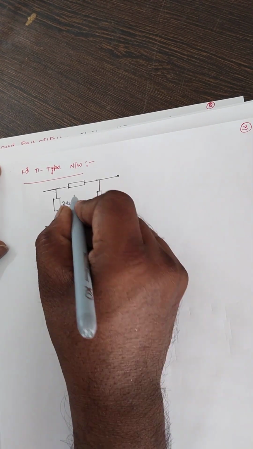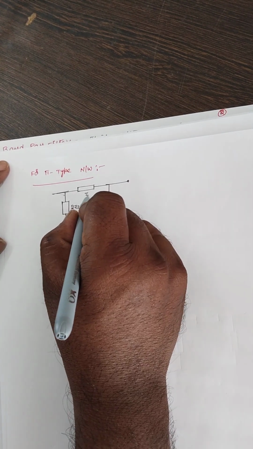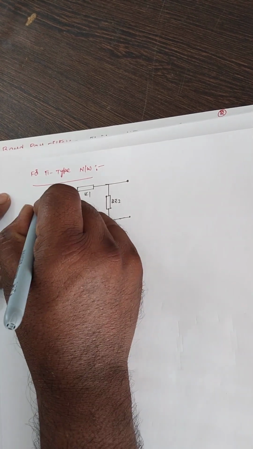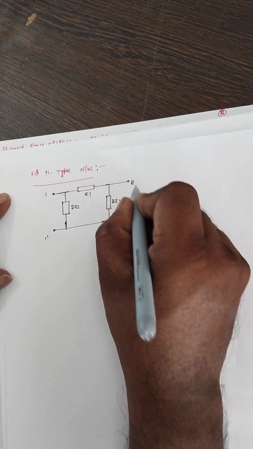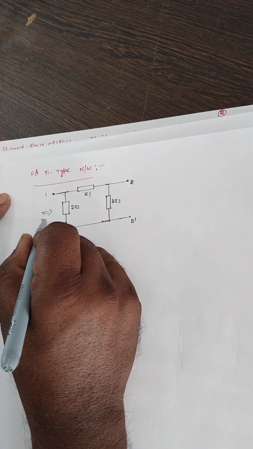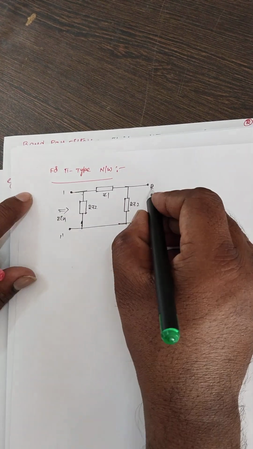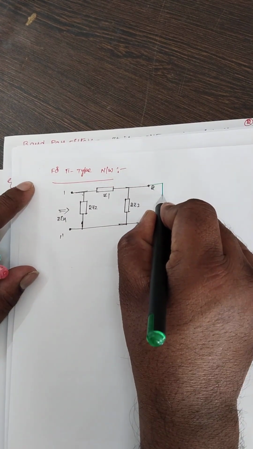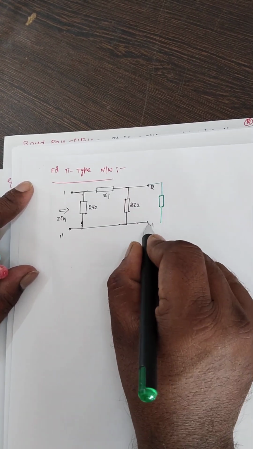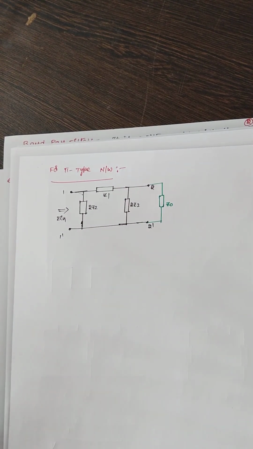It is 2Z2, it is also 2Z2, it is Z1, and this is 1 dash 2 dash. This is the input impedance Z in, and if this pi type is terminated with the characteristic impedance Z0, this line is said to be an infinite length transmission line.